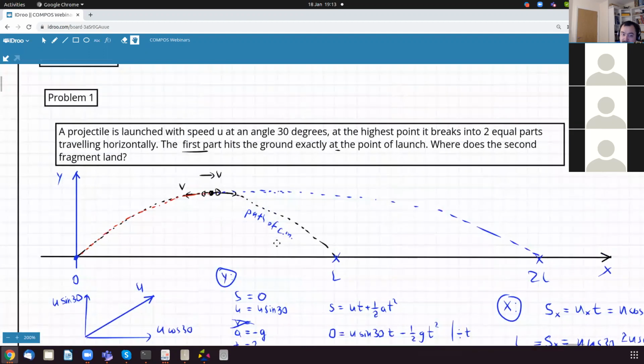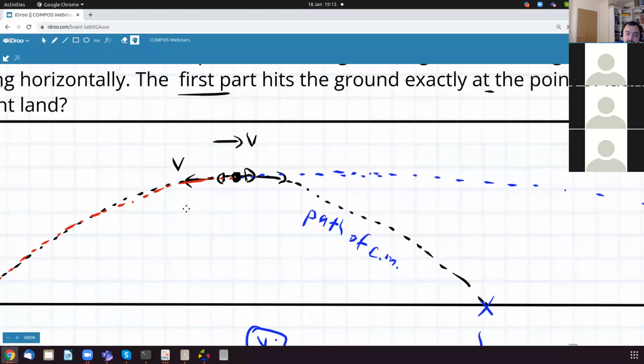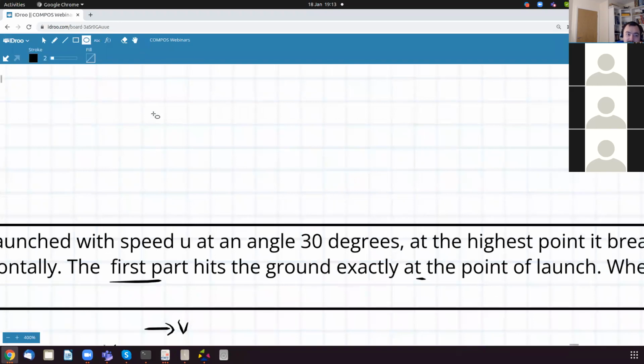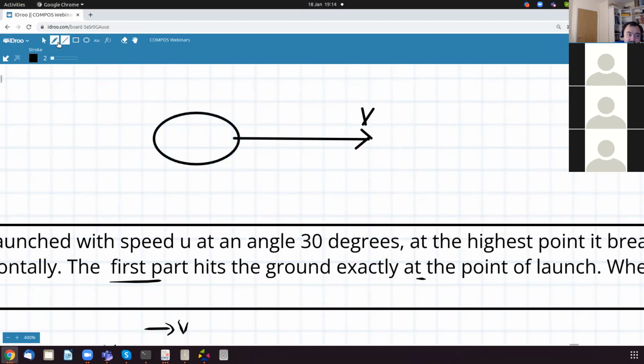Yes, but there's no change in horizontal momentum. So what happens here is that you have a projectile traveling with speed v and mass, let's say, 2m.